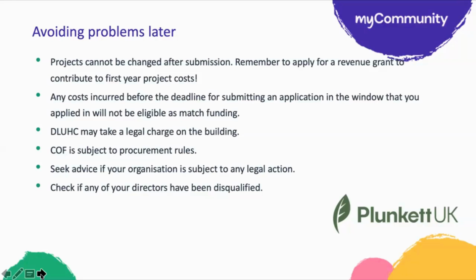COF is also subject to procurement rules. These are the basic government rules for public bodies for procurement. Without going into too much detail, if you are proposing to spend up to £2,499 on any form of procurement, then you can just make a direct award to a supplier or contractor.